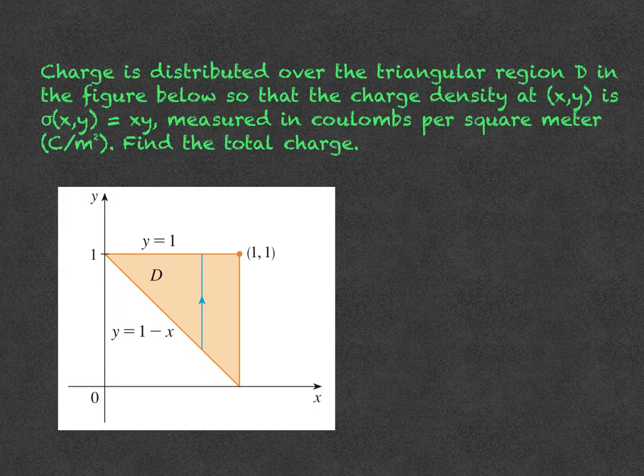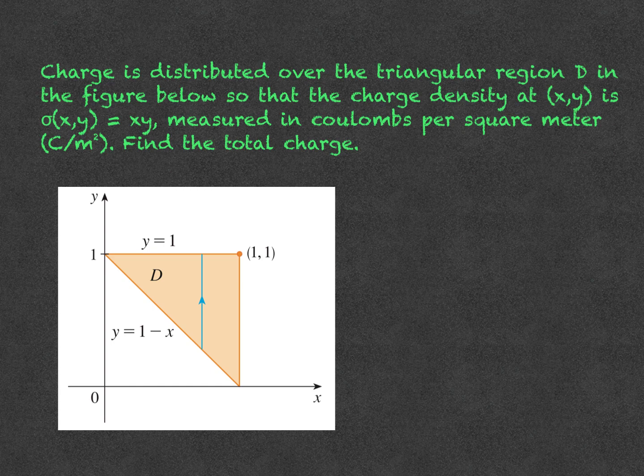In this problem, charge is distributed over the triangular region D in the figure below, so that the charge density at (x, y) is sigma of (x, y) equals xy, measured in coulombs per square meter, and we want to find the total charge.